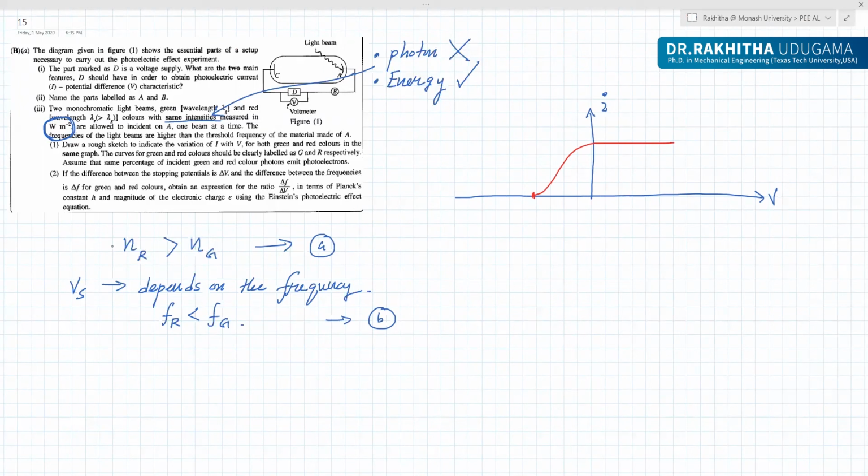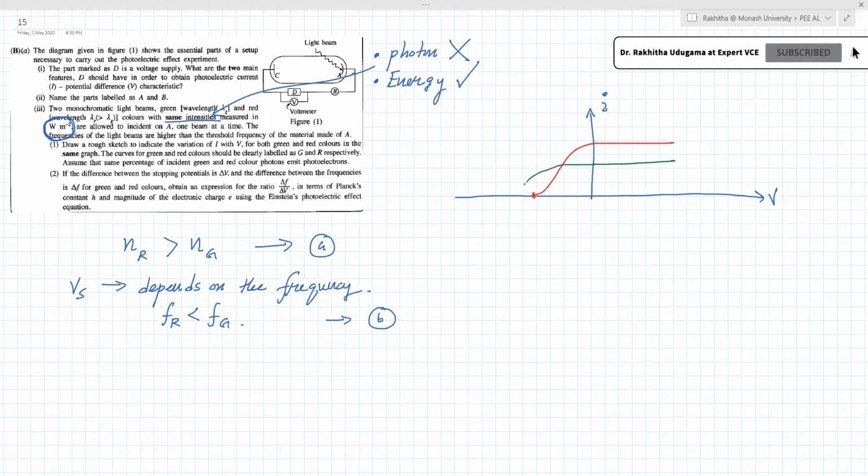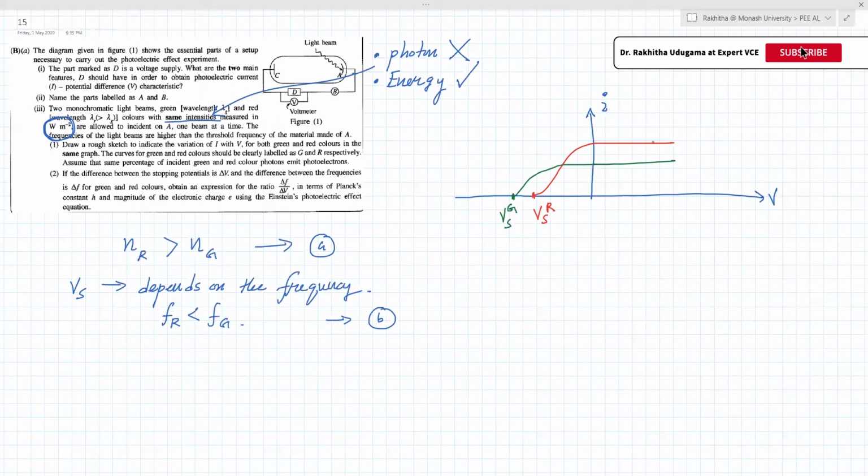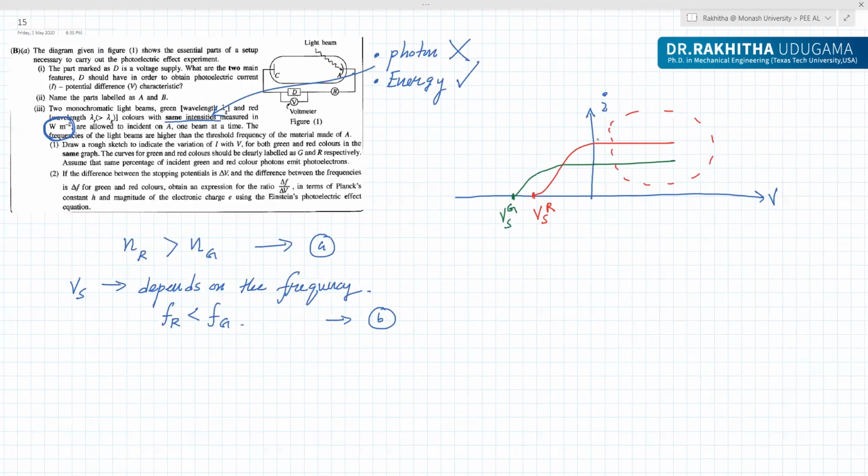So number of photons are higher, so this should be here. And my green should cross and come back to this. So this is V stopping potential for green. This one is for red. Because of this situation, we have to know that the photocurrent from green is lesser than the photocurrent from the red.